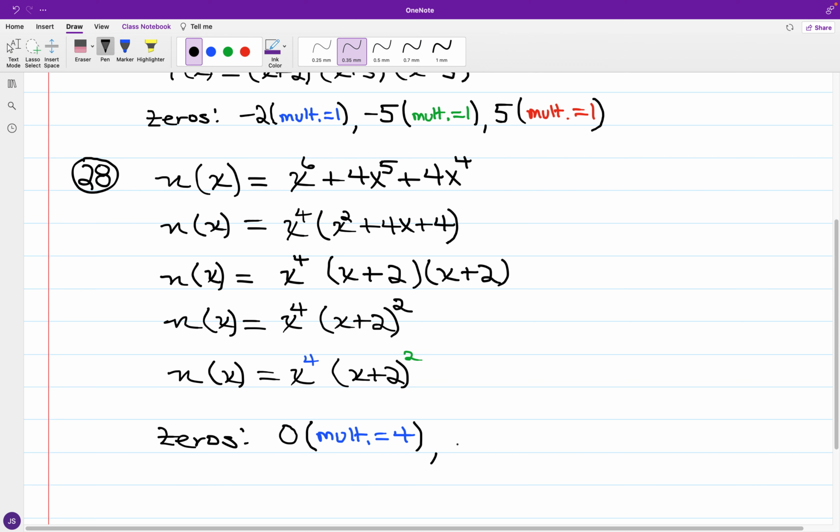And for x plus 2, we're going to have x is equal to negative 2. And since we had x plus 2 repeat, whereupon we had it expressed as the square of x plus 2, it's going to turn out that negative 2 is going to have the multiplicity of 2.